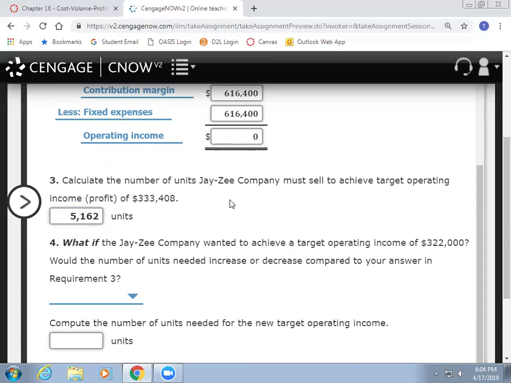On 4, it says, what if the company wanted to achieve a target operating income of 322,000? Would the number of units needed increase or decrease compared to number 3? Decrease. Yeah, we're decreasing our target income, right? So that would decrease our sales. Okay. And then I just want you to compute the number of units needed for 322,000 of target operating income.